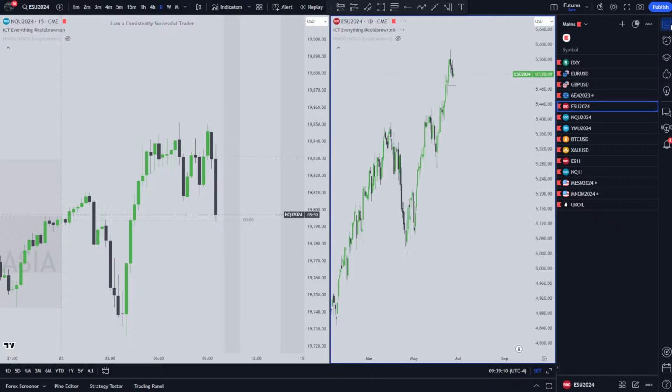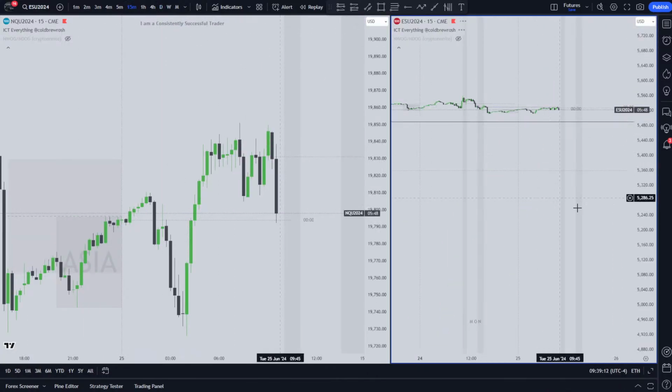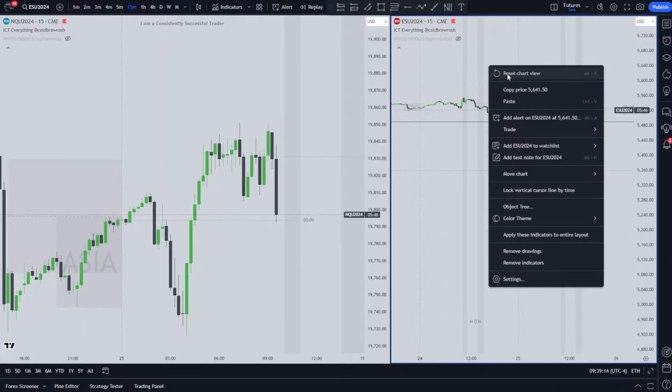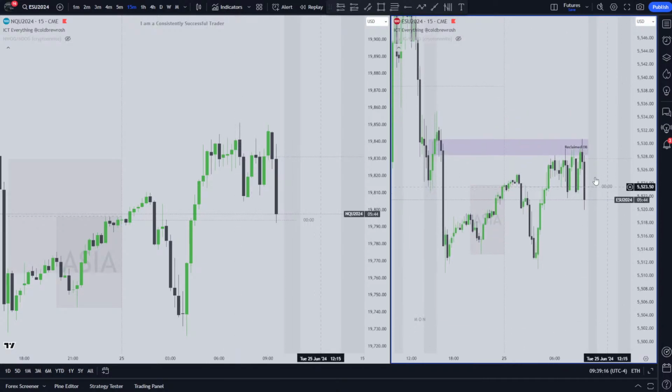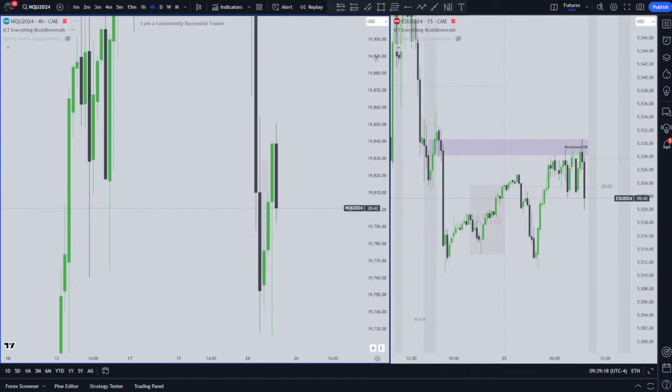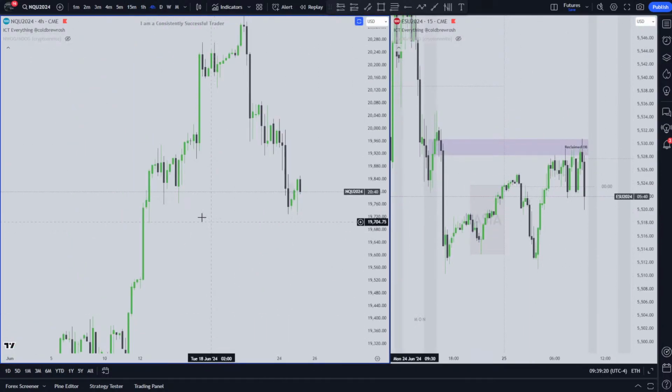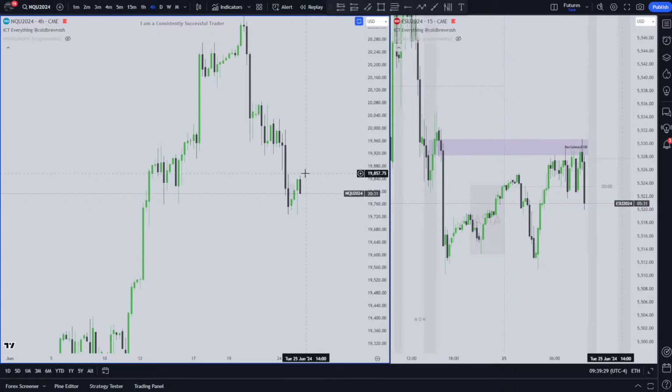Let me check that. Manipulate into that 4-hour SIBI. Oh yeah, it could. Oh, so you think it's going to manipulate higher to then go lower?